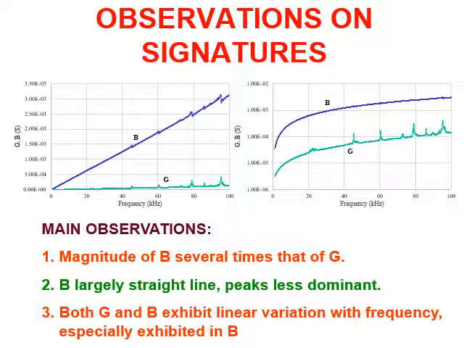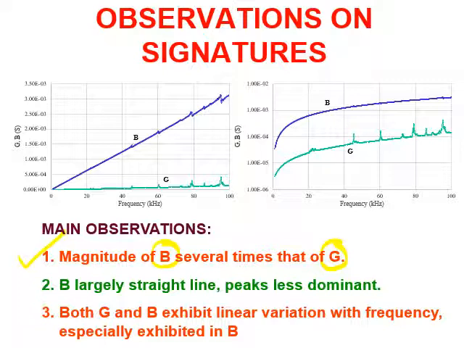So if we now list the observations, we find three main observations. First observation is that the magnitude of the imaginary part B is several times that of the real part G, at least one order of magnitude difference is there between B and G. We can see this from either the log scale plot or the main plot.